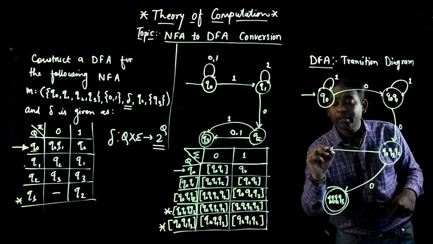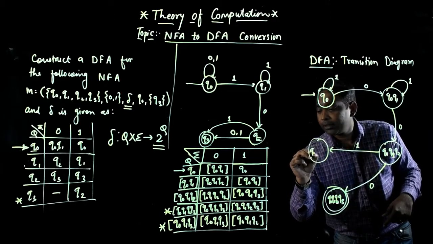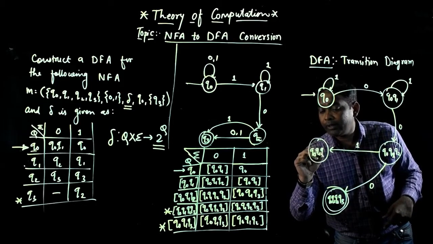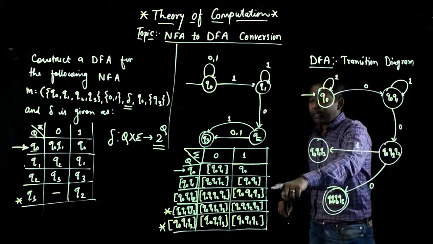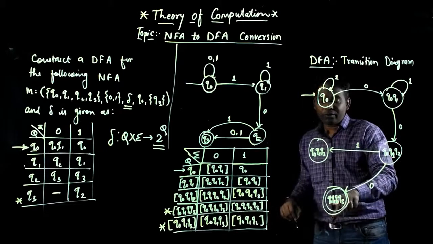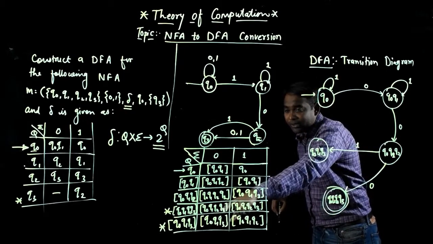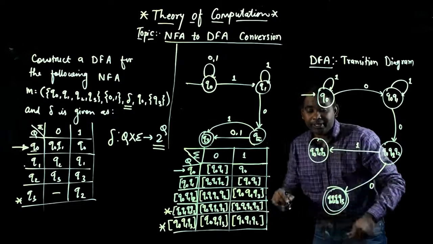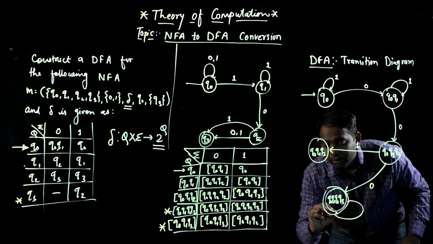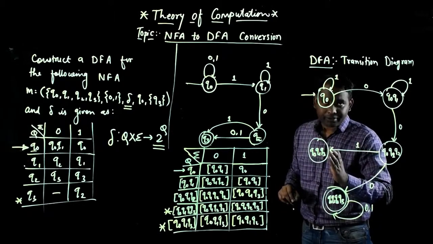Now for the state Q0, Q1, Q2 and Q3, I need to find the transition. On 0, it goes to the self state. On 1, it goes to the self state.